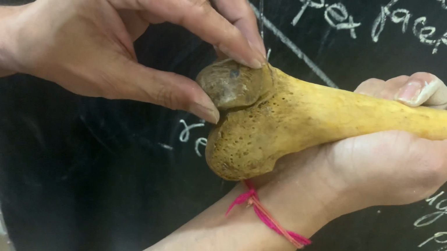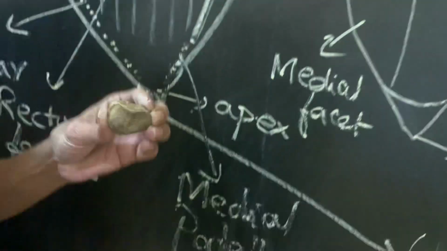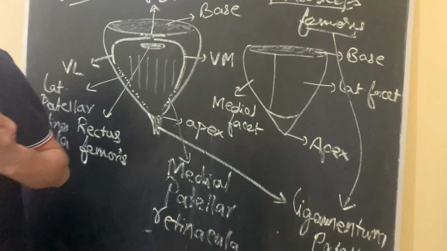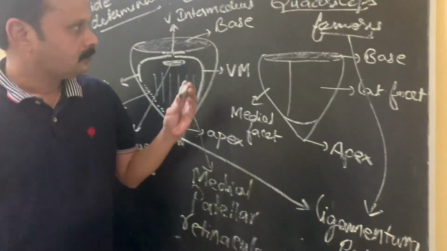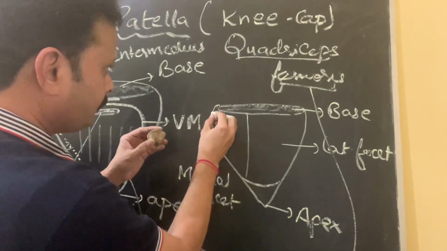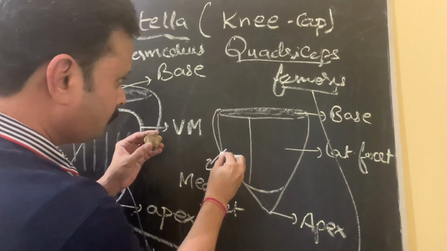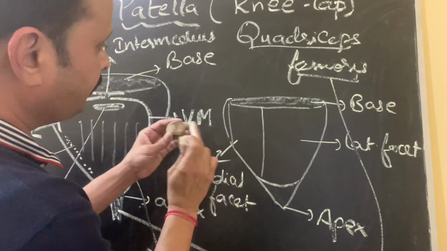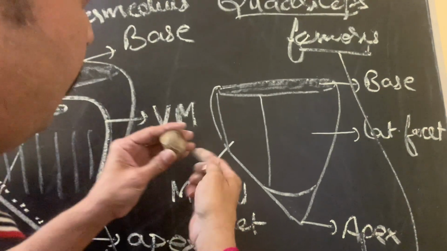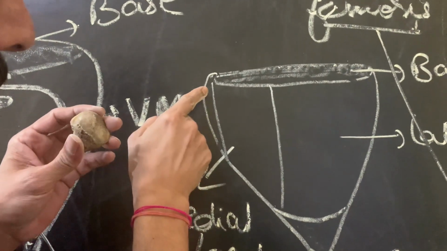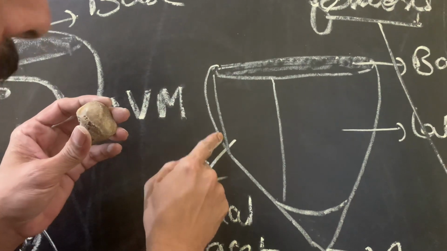Is it clear? Okay. Then on this posterior surface, on this medial facet, there is again a vertical ridge, a thin faint ridge seen along the medial facet, thereby forming a medialmost area here.